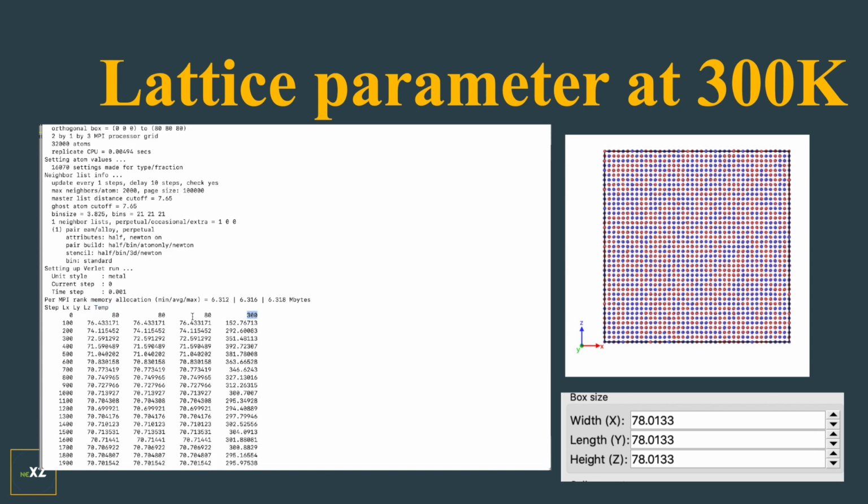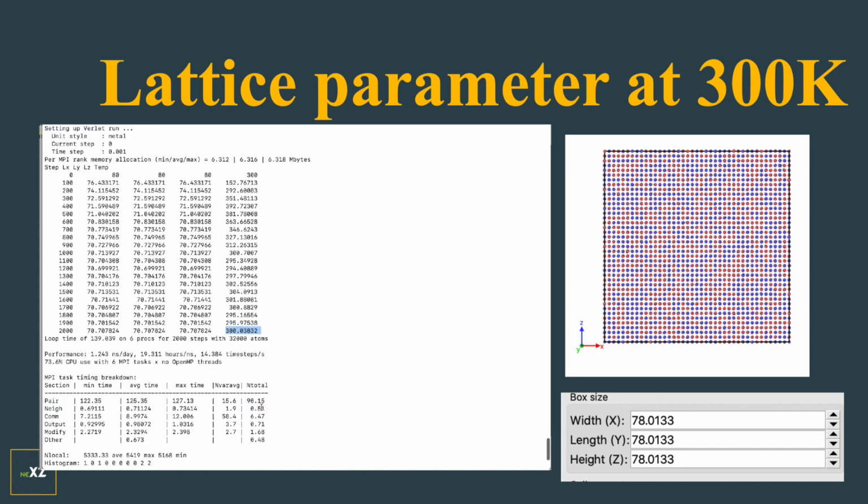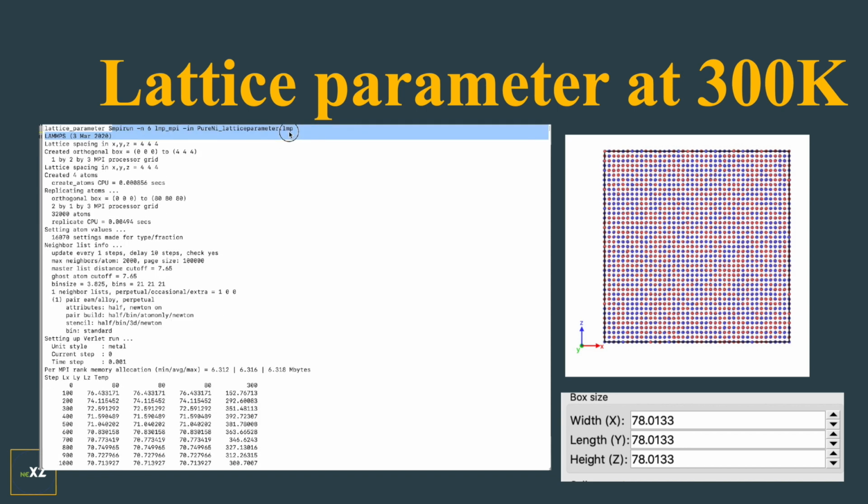So the box immediately relaxes, and the temperature of the system changes. The box and the particles try to rearrange and reach the temperature that you have set. This is how you do the simulation in molecular dynamics. It's fairly simple.